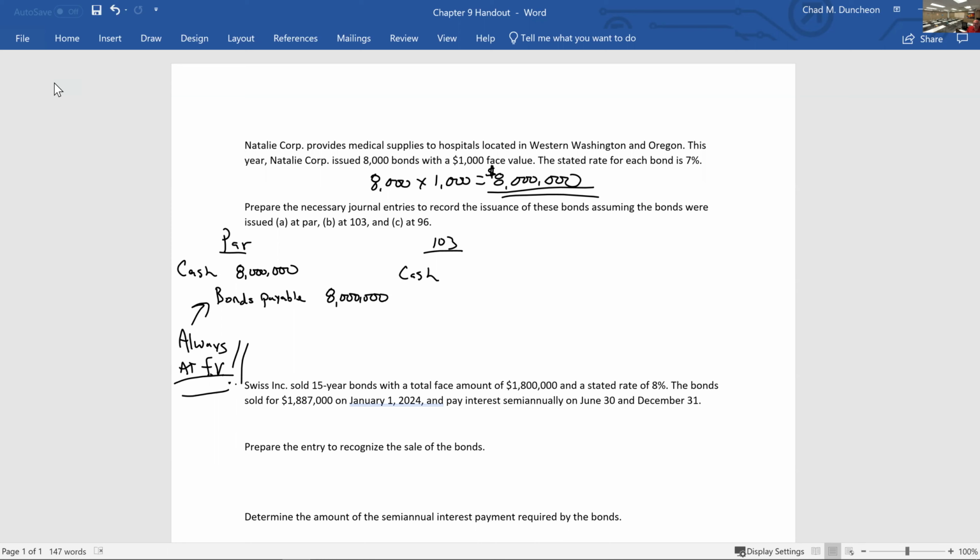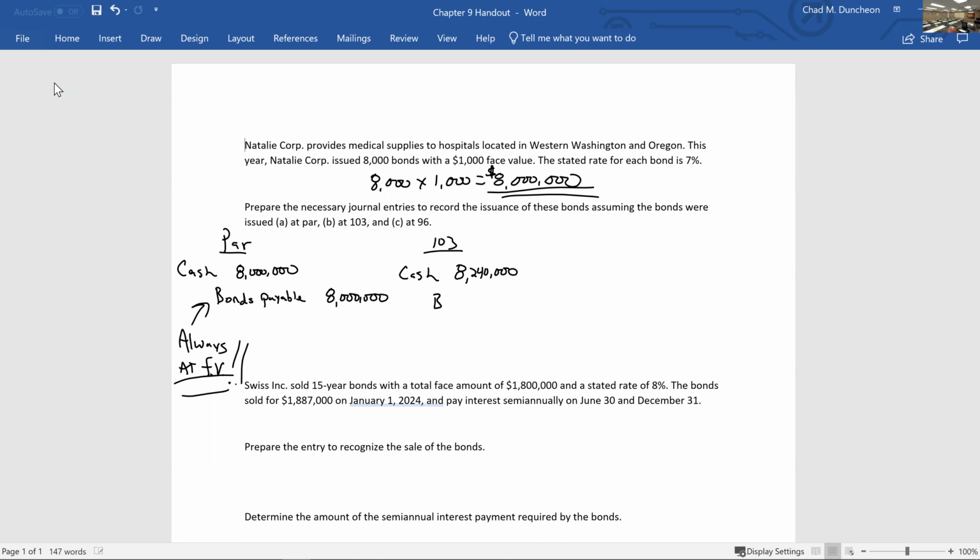And we are selling at a premium because the market rate is lower than the stated rate. The market is giving less return than what we are. So everybody wants our bonds, so we sell them at a premium. So you take the 8 million times 1.03 or 103%. You see that the cash we're going to get is 8,240,000. Okay, premiums are a normal credit balance.